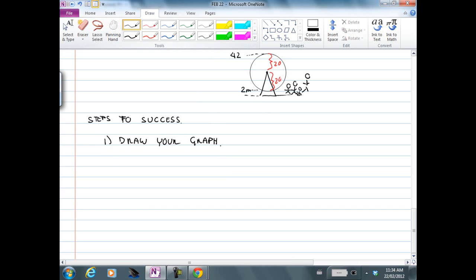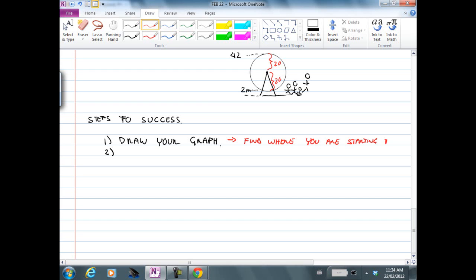So, draw your graph. 2. Now, before you draw your graph, this is a big issue. Find where you are starting from. Every question has a starting point. Some questions say you start from the highest position. Some say you're starting from the lowest position.